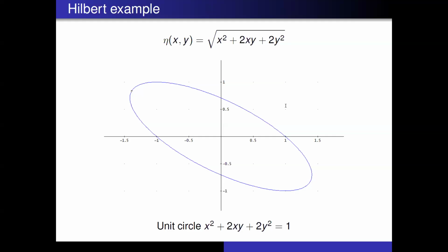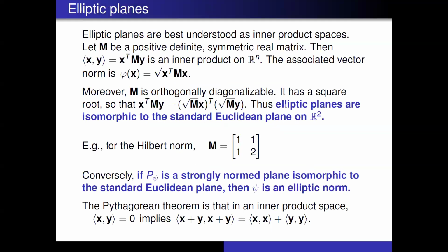Or better yet, go to linear algebra class and you learn that a positive definite symmetric real matrix is orthogonally diagonalizable. Okay, and therefore it has a square root because the eigenvalues are positive.